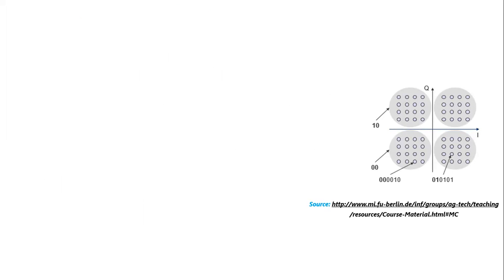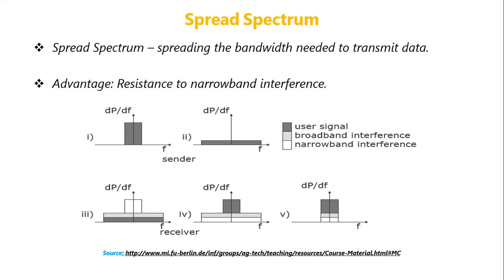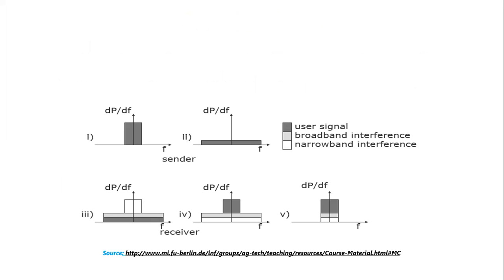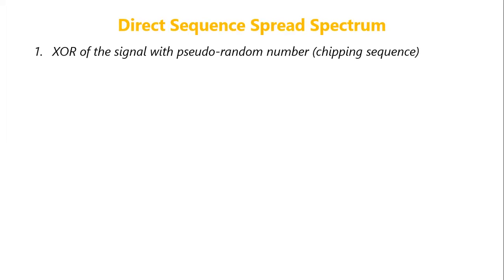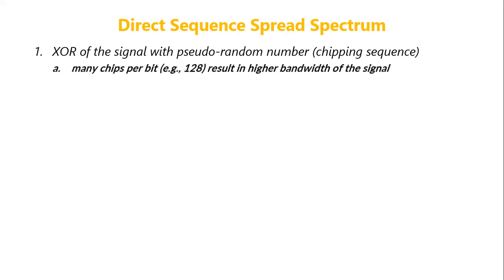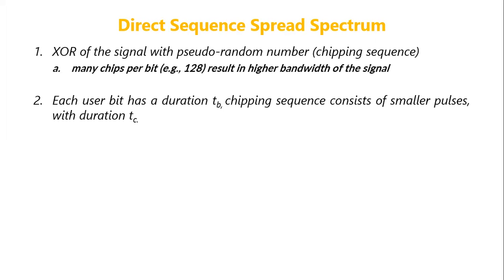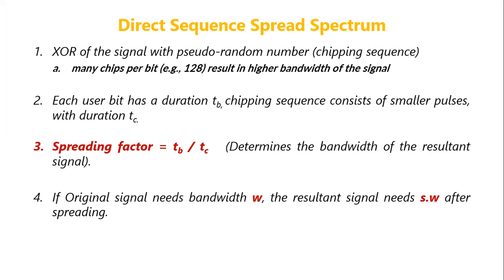Basically, to reduce the narrowband interference. Initially we discussed overall how the concept of spread spectrum works with these particular diagrams, and then we went on to discuss two types of spread spectrum. One is direct sequence spread spectrum, the other one is frequency hopping spread spectrum.